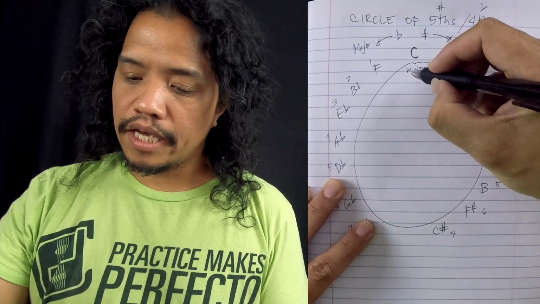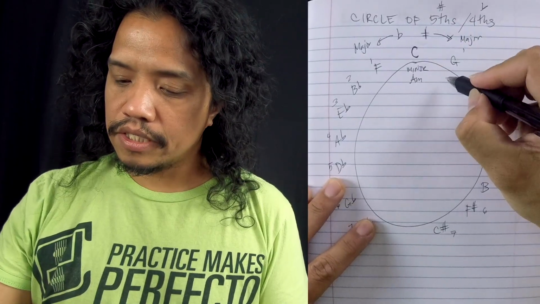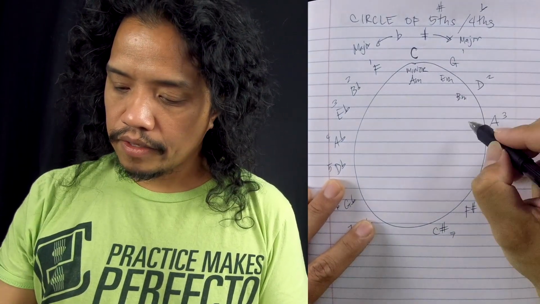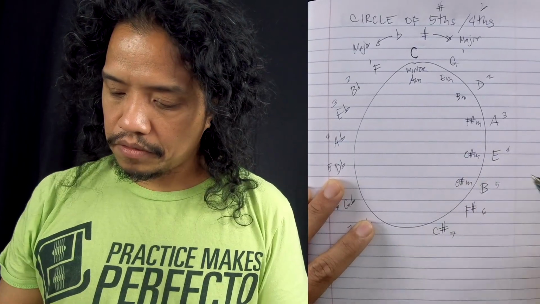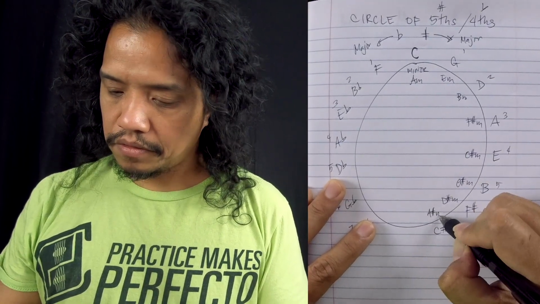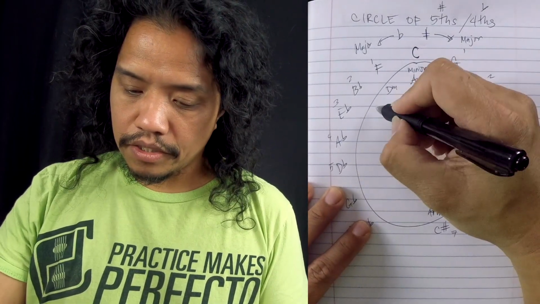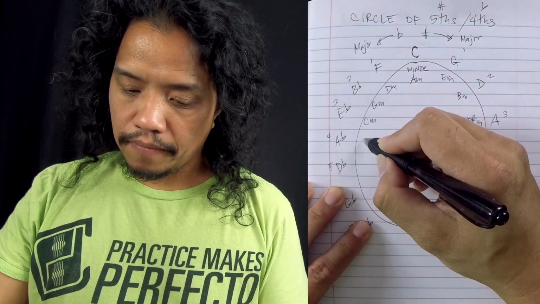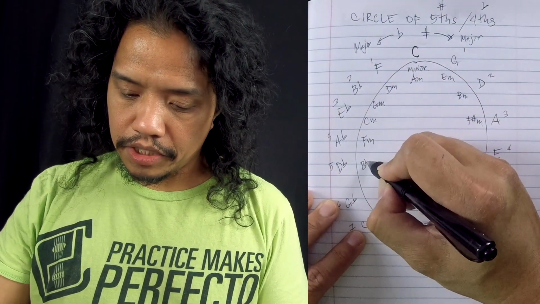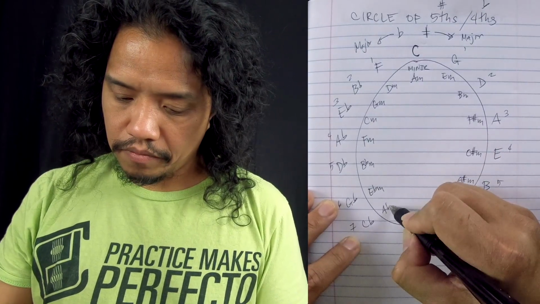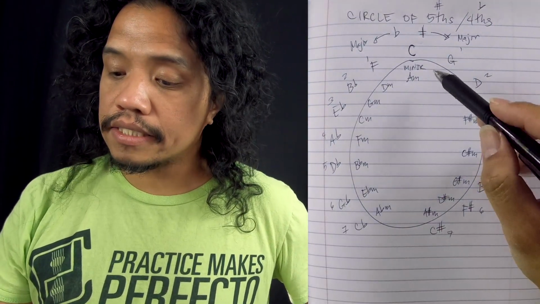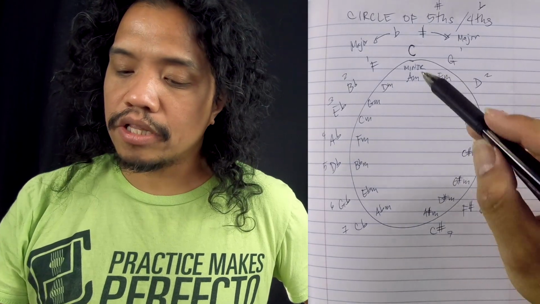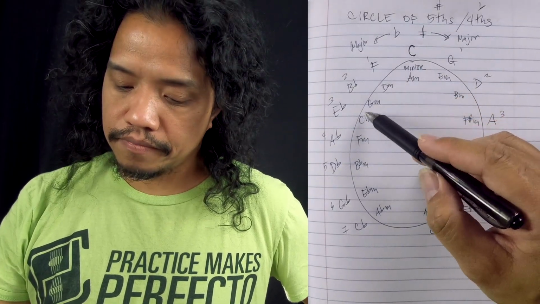Relative minor of C is A minor, G is E minor, D is B minor, D minor, G minor, C minor. As you can see, clockwise, the minor keys also proceed in fifths, and counterclockwise, they proceed in fourths.